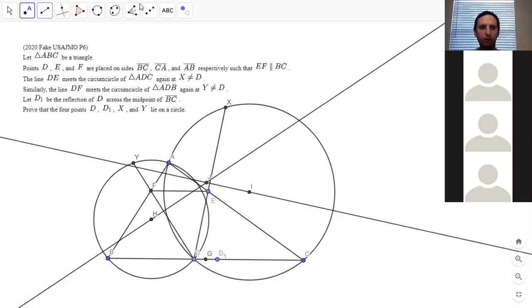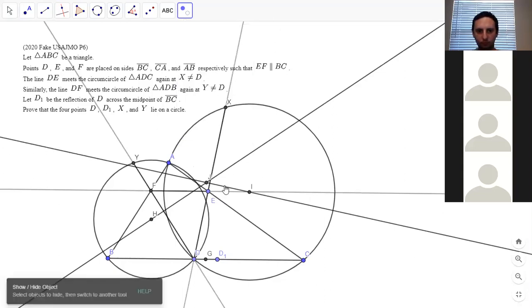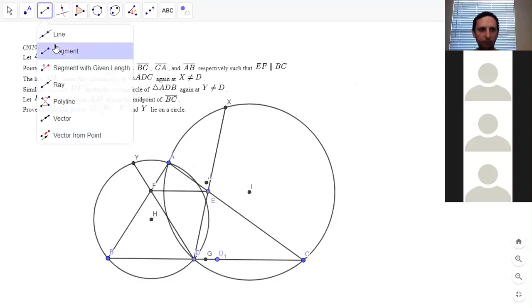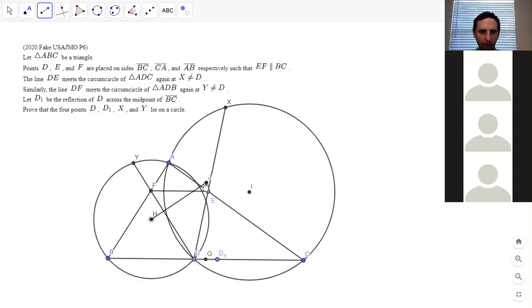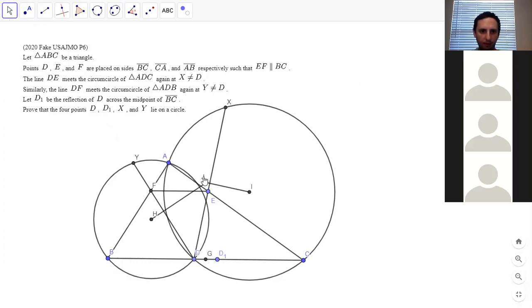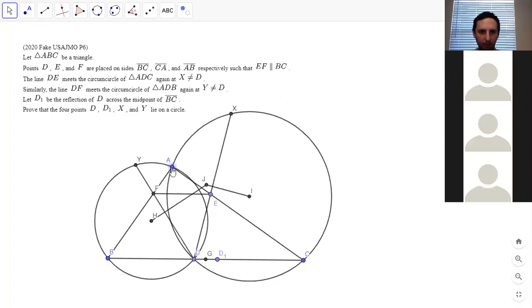And we want to show it's also, so HJ. Let me make it look a little bit better.